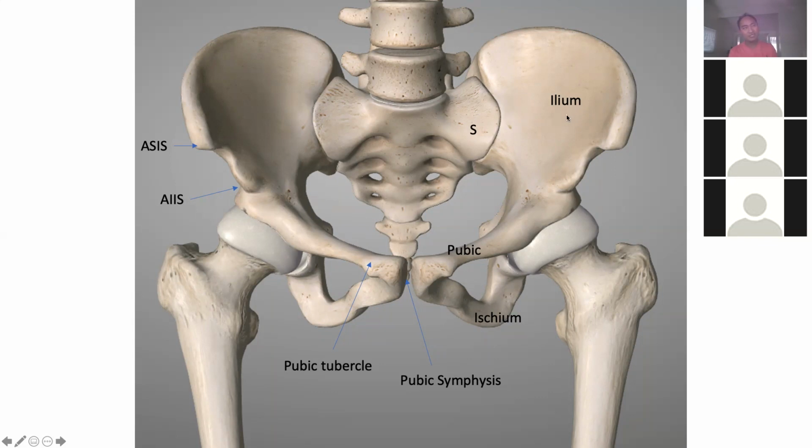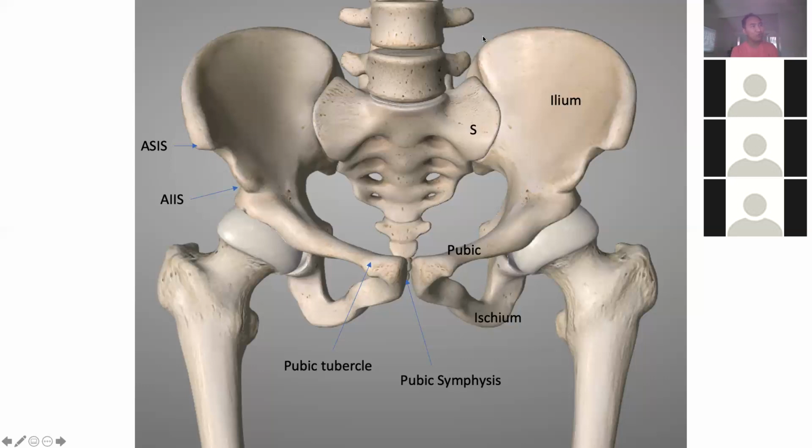The spelling is I-L-I-U-M. The ilium, not to be confused with the duodenum, jejunum, ileum, which is I-L-E-U-M. So this is the ilium, the flat bone on one side here.